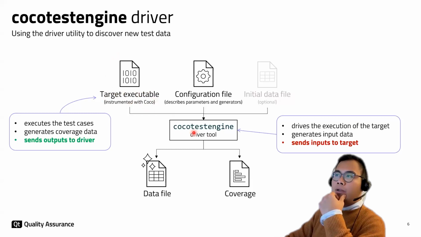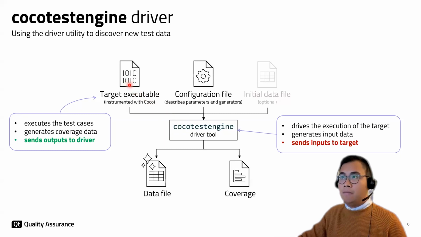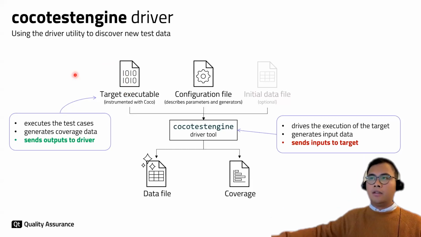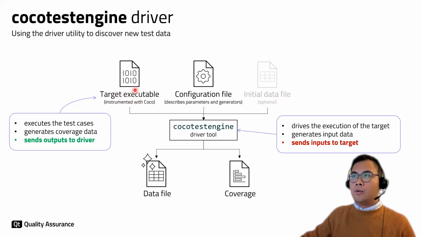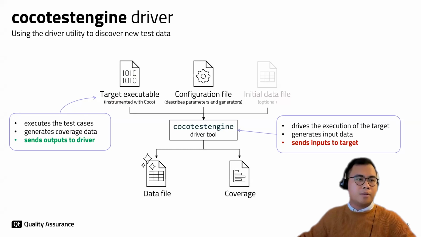Since the target executable and the Coco Test Engine have some sort of inter-process communication between them, the user just has to provide a way for the target executable to perform the test also on the embedded or target platform. So the user will have to provide the means for communication between this target executable that exists in the same host system as Coco Test Engine, and send and receive data to the target. But we don't currently fully support that. But in theory, it is possible to be done.